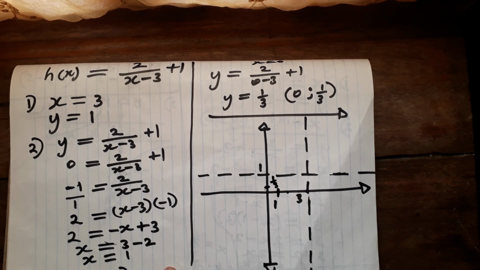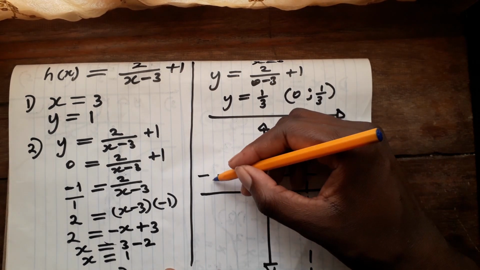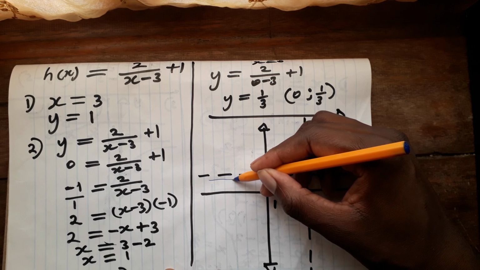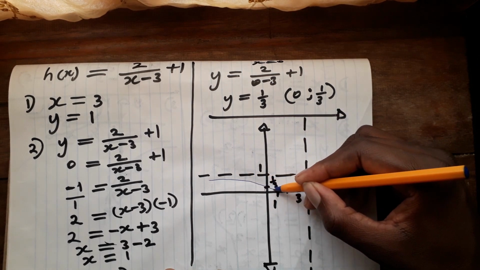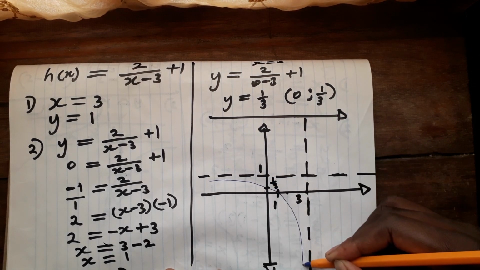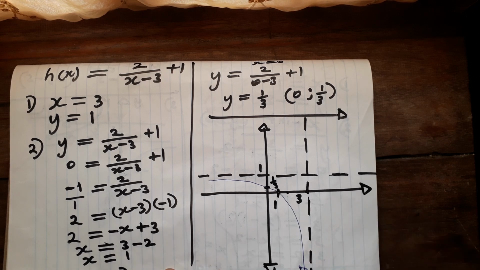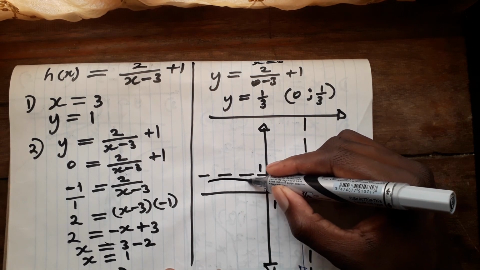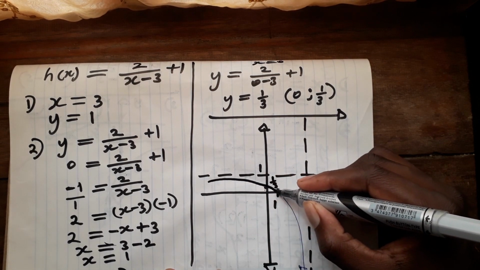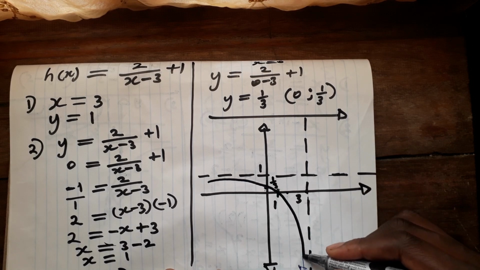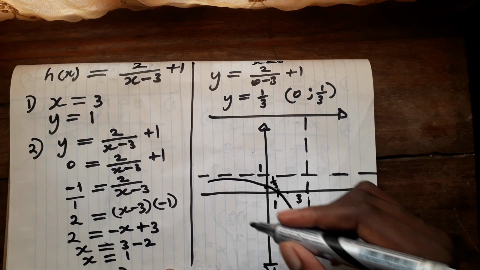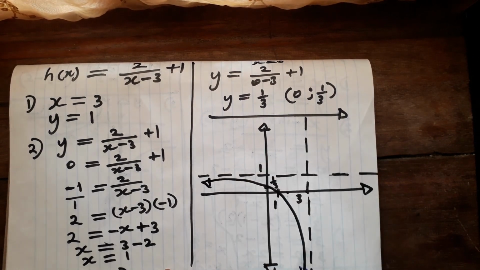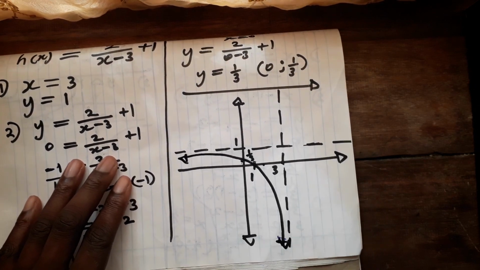So we're going to sketch it now. It's going to be like this. It will cut here and there, just like that. Surely you can see that. So it's going to be like this.